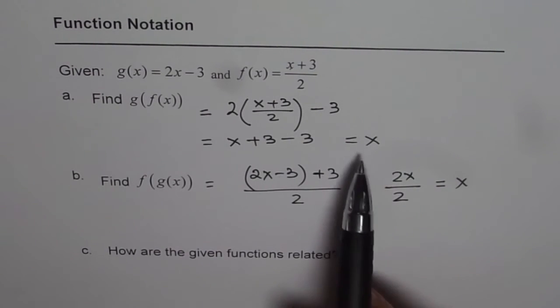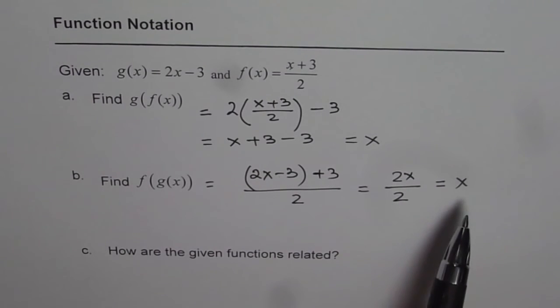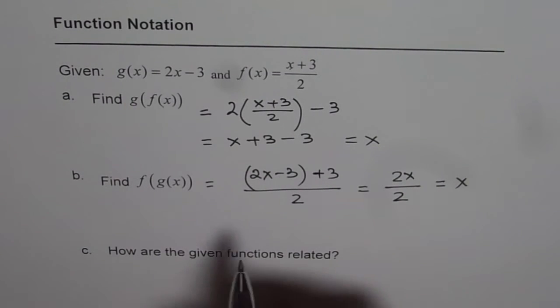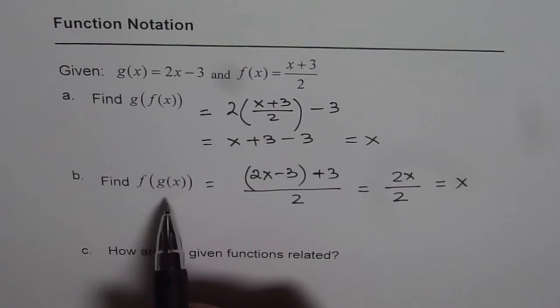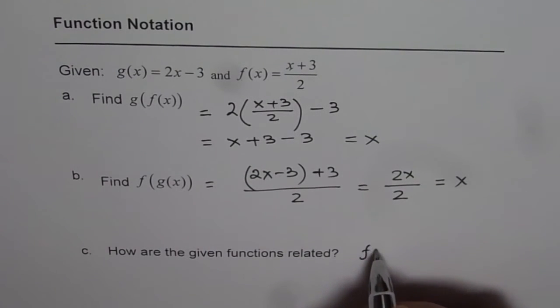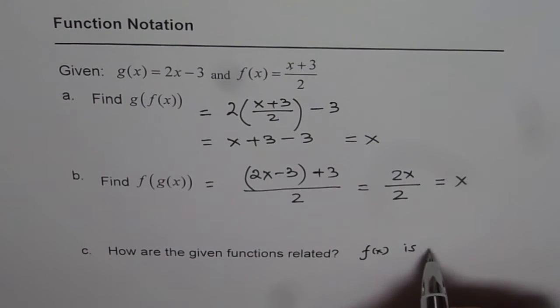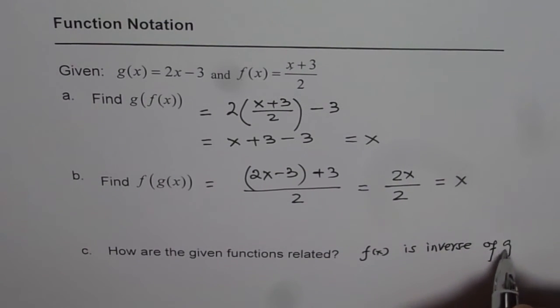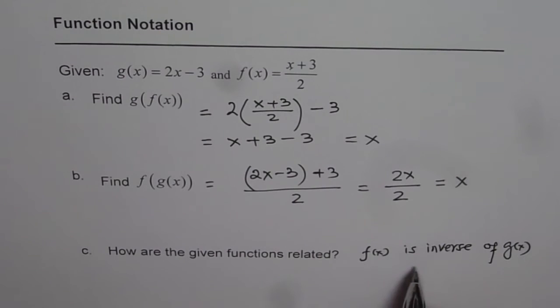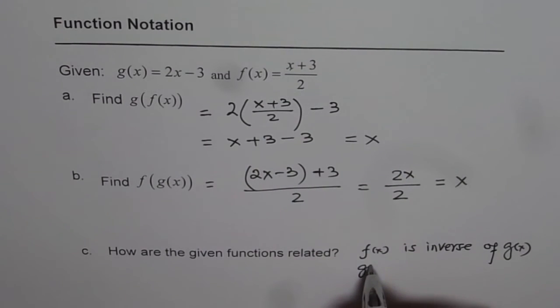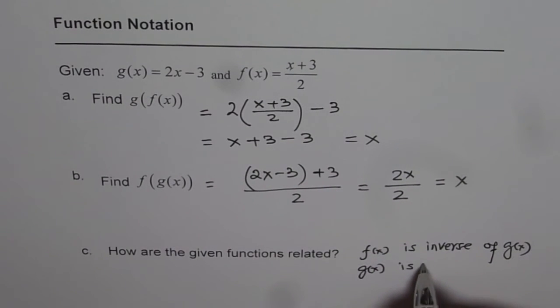But whenever you get the same value, and that too equal to x, we say that f of x is the inverse of g of x, and also g of x is the inverse of f of x. We'll study inverse functions in detail and you'll realize what it really means.